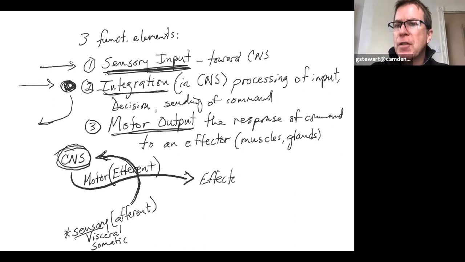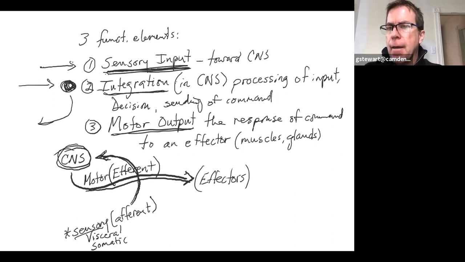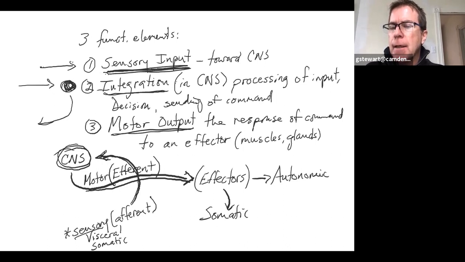There's two subdivisions of this motor efferent division, functional division, and that we call either somatic or autonomic. Somatic commands go strictly to voluntary skeletal muscle. So I'll give you some classic examples of these pathways as soon as I finish writing this.